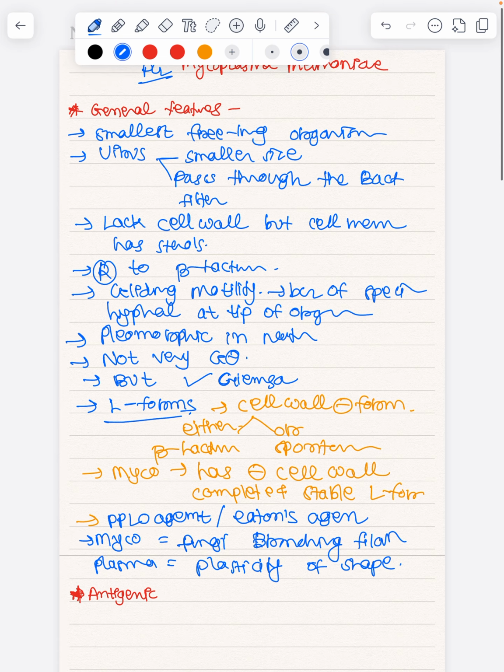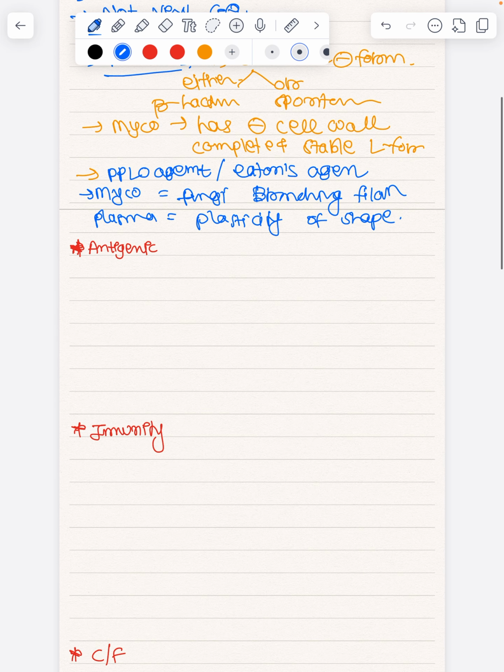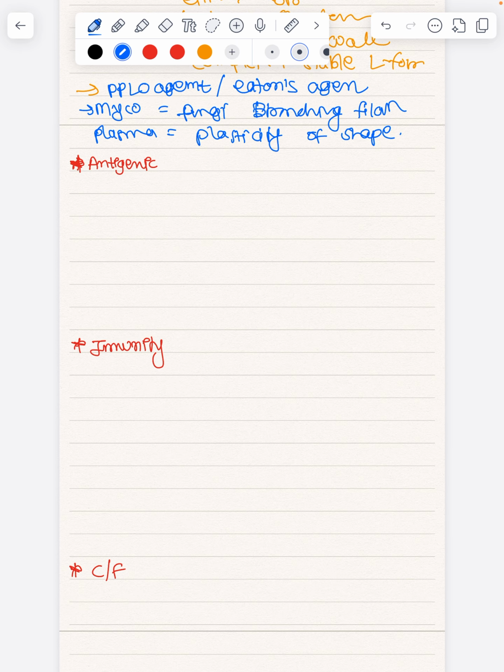After studying the general features of the mycoplasma, let us move toward the antigenic structure.